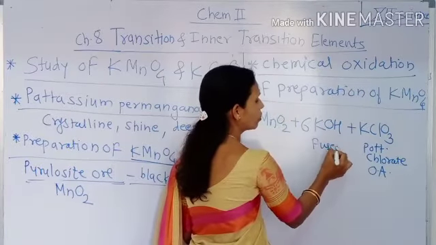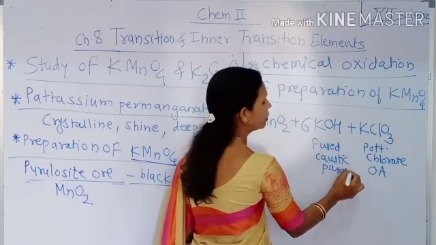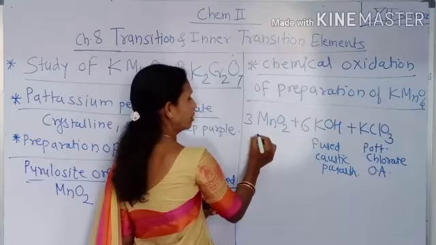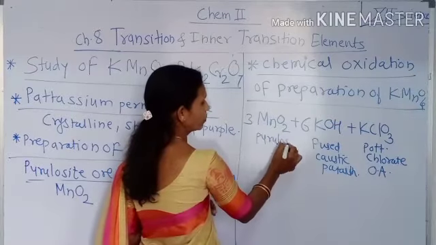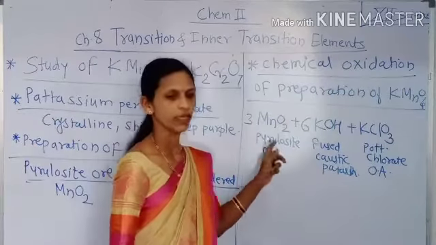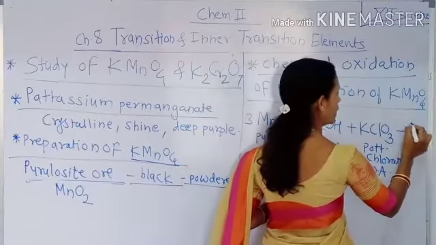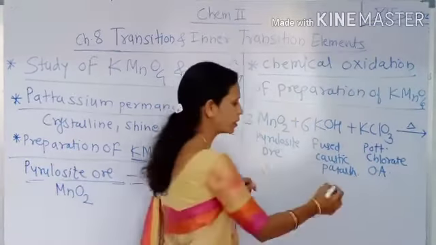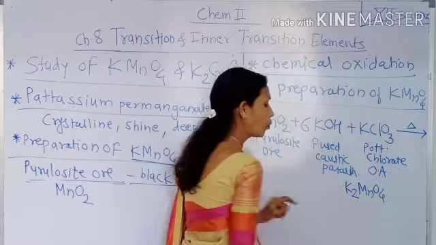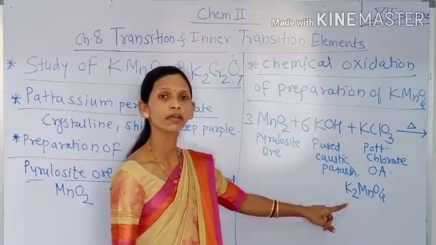The caustic potash is used to maintain the alkaline nature, and MnO2, the pyrolusite ore, is the compound from which we prepare. This mixture is heated strongly, and first K2MnO4, that is potassium manganate, is obtained, which is dark green in color.